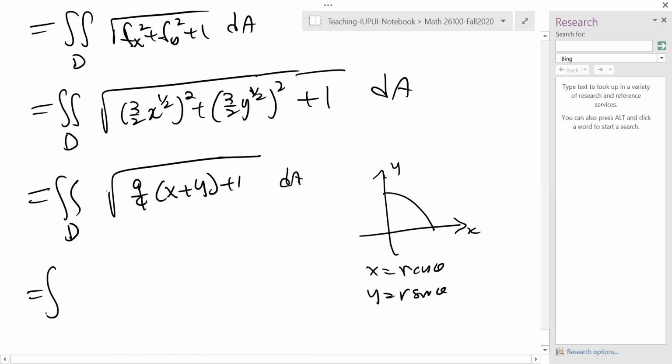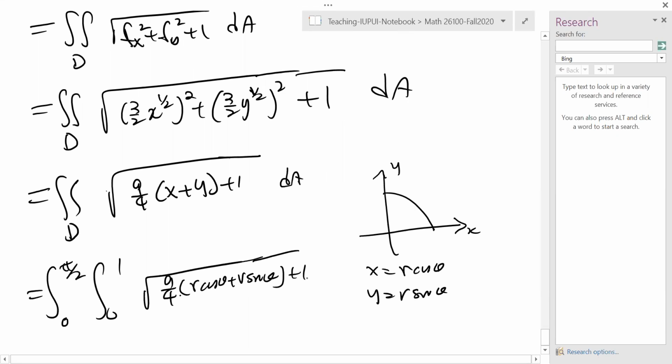So the integral here is from 0 to pi over 2, from 0 to 1, and here's 9 over 4, and the x plus y, we have trouble here. r cosine theta plus r sine theta, plus 1, and dA should be just r dr d theta.